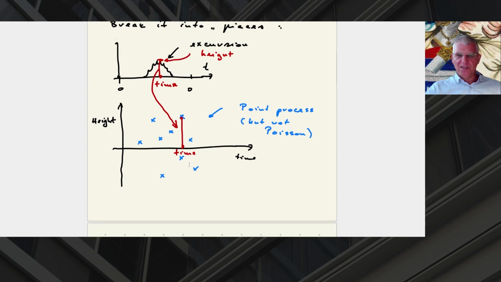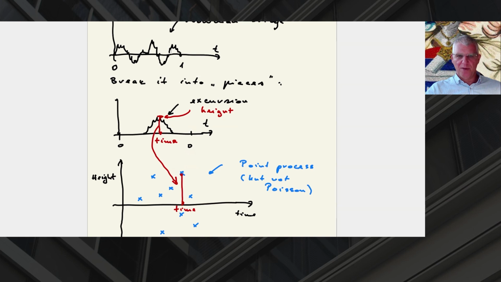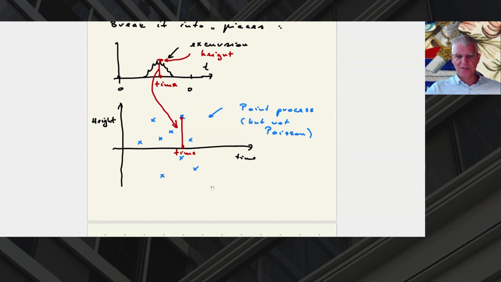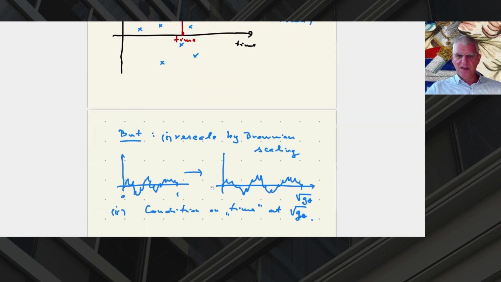And what I know is this: if I just do it for the Brownian bridge, this is not a Poisson process, and I can't use nice ideas like marking and computing the maximum easily, because it isn't a Poisson process. But you can turn it into a Poisson process by doing this.